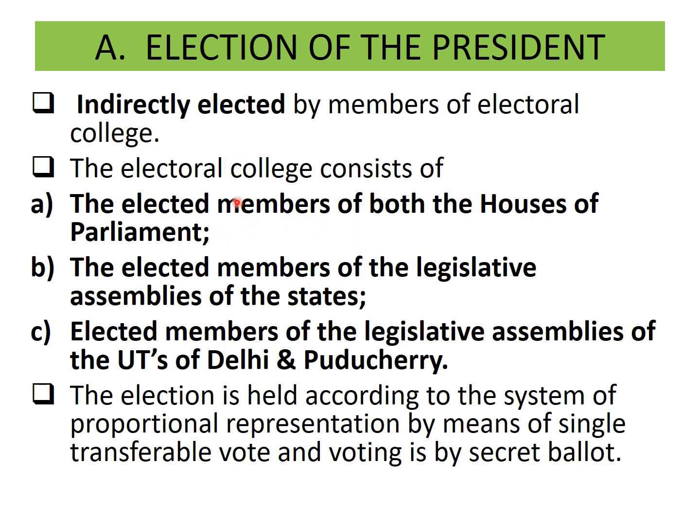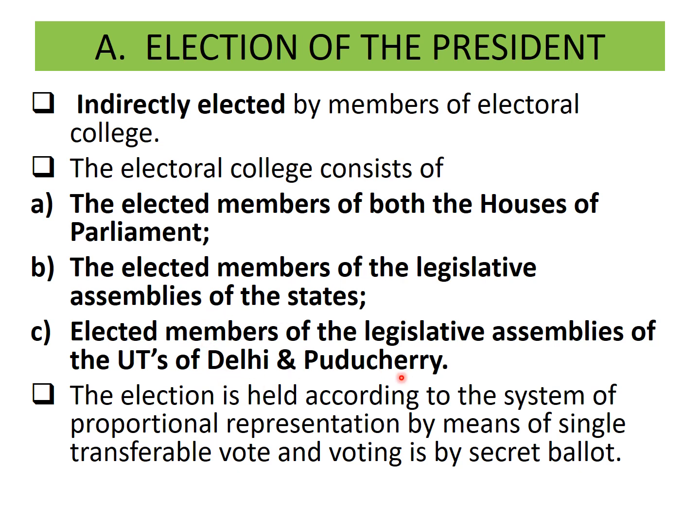Elected means that those who are nominated do not participate. For example, in Rajya Sabha 12 members are nominated, and in Lok Sabha two from the Anglo-Indian community, they do not participate. Only elected members of both houses of the parliament, then elected members of the state legislative assemblies, and elected members of the Union Territories of Delhi and Puducherry.